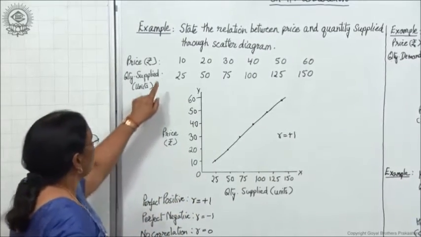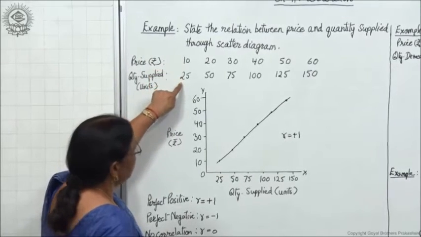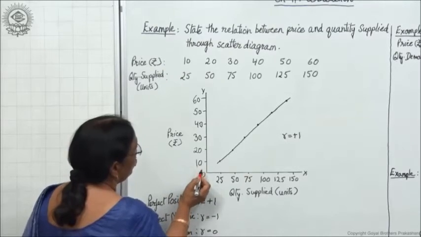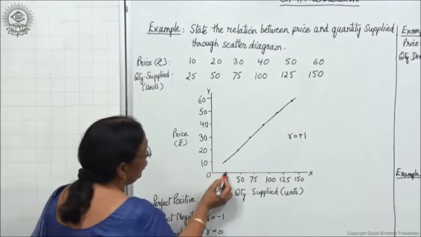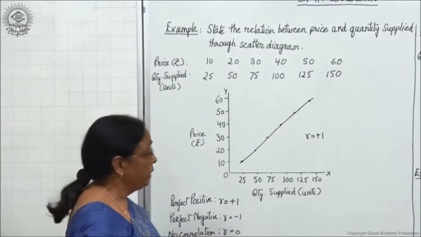Okay. Now take this first figure, at rupees 10, quantity supplied is 25. So we will take 10 here and 25 here and we get this point, right?